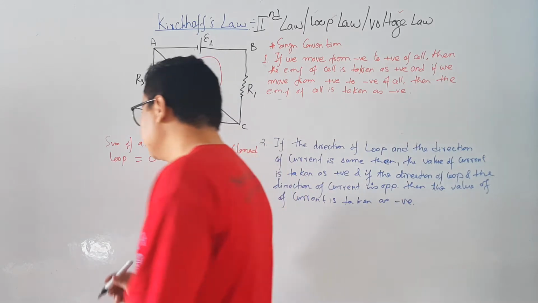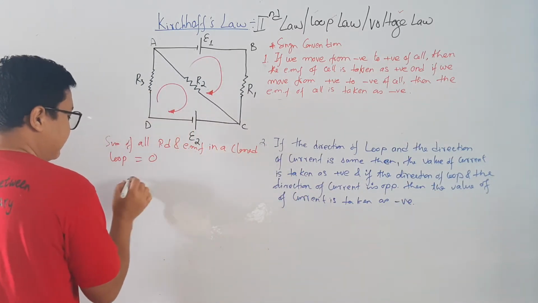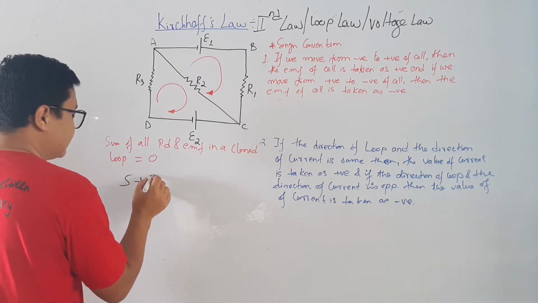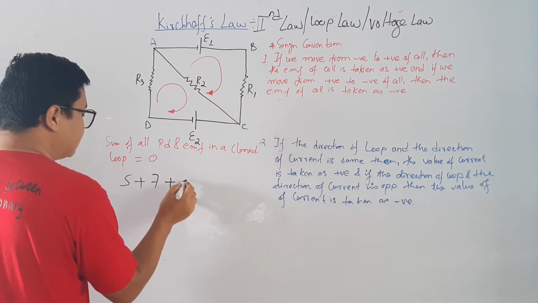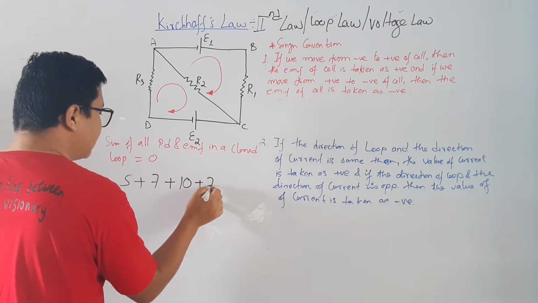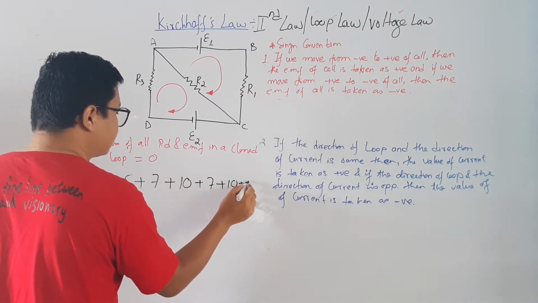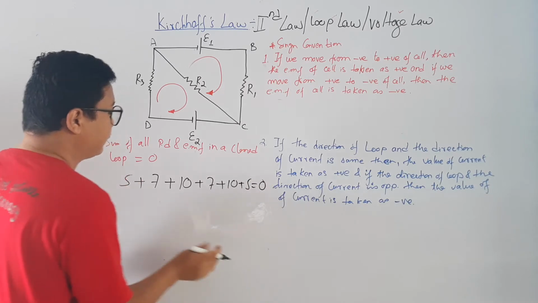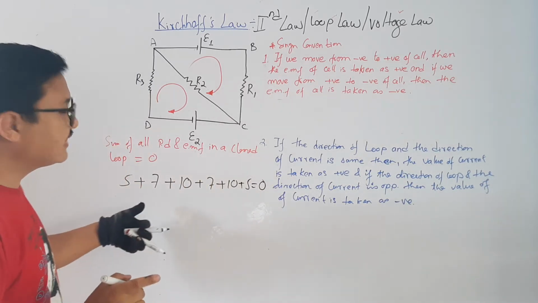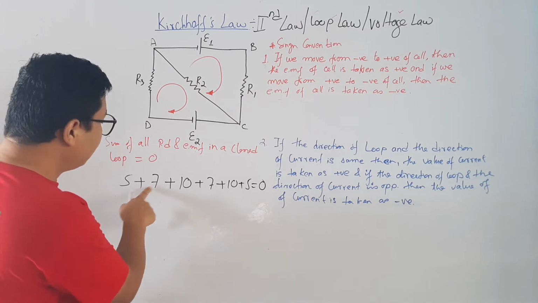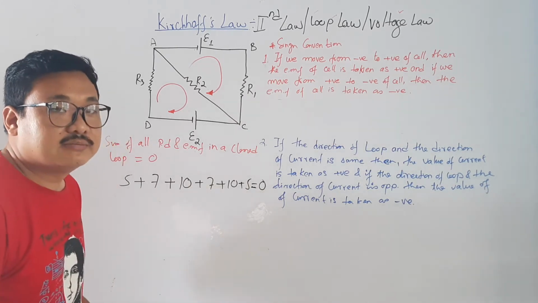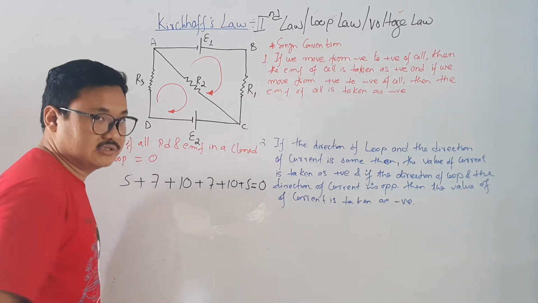For example, if you add 5 plus 7 plus 10 plus 7 plus 10 plus 5 is equal to 0. It should always give me 0. But if you see, all are positive numbers and I am saying this is 0, which means it is not possible, right?